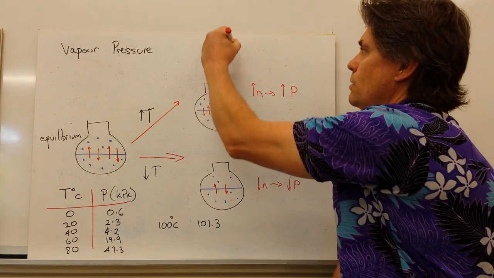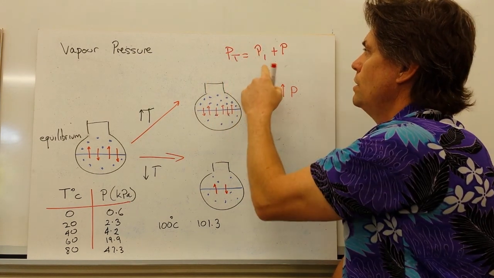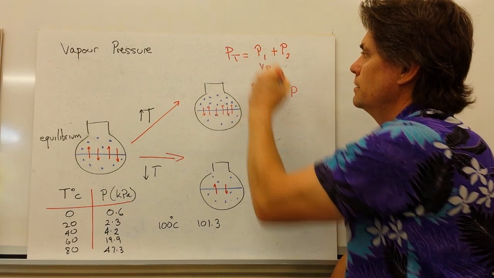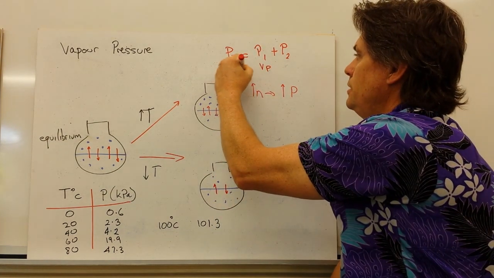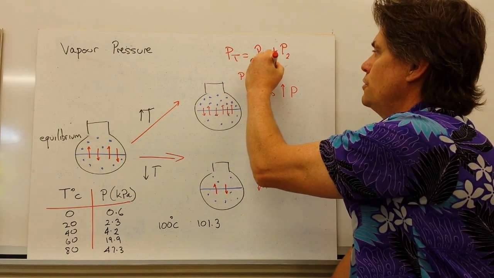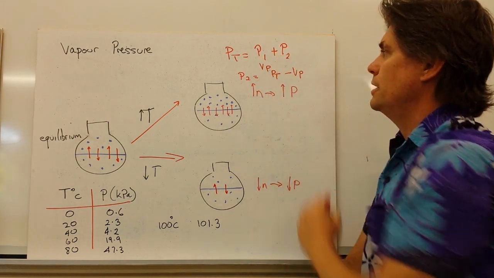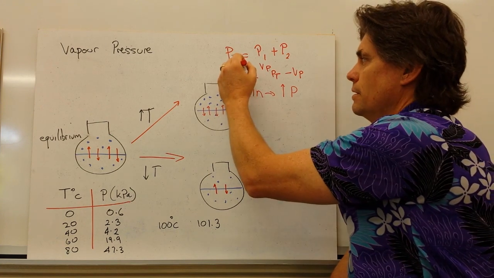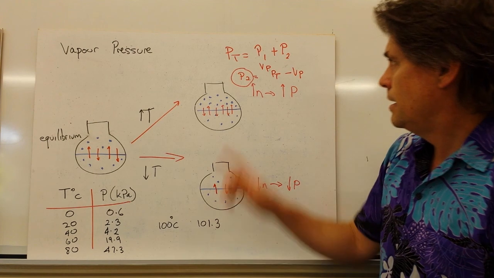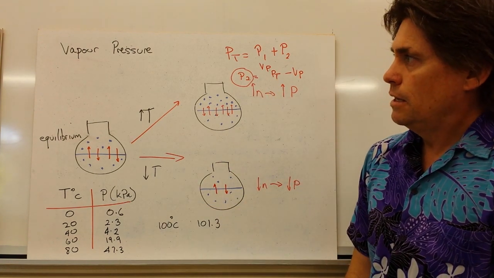If we rearrange the equation Pt equals P1 plus P2, where P1 is the vapour pressure, we find that P2, the pressure of any gas that we're looking for, is going to be the total pressure that we calculate or measure minus that vapour pressure. So that final figure is the pressure of the gas that we're looking for. This pressure here includes the vapour pressure of the water. That's it.